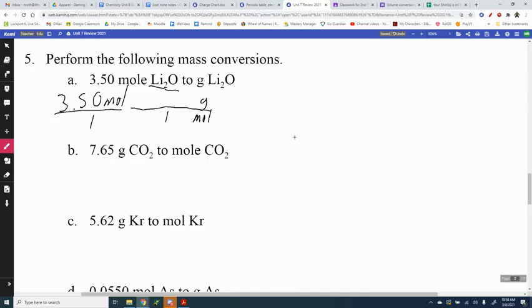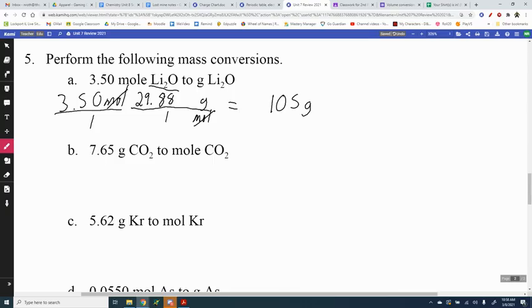Okay, so we add Li, multiply by 2, we add oxygen, and we get 29.88 grams. Okay, moles cancel out. We are left with grams. So now we multiply those two together and we get 105 grams.